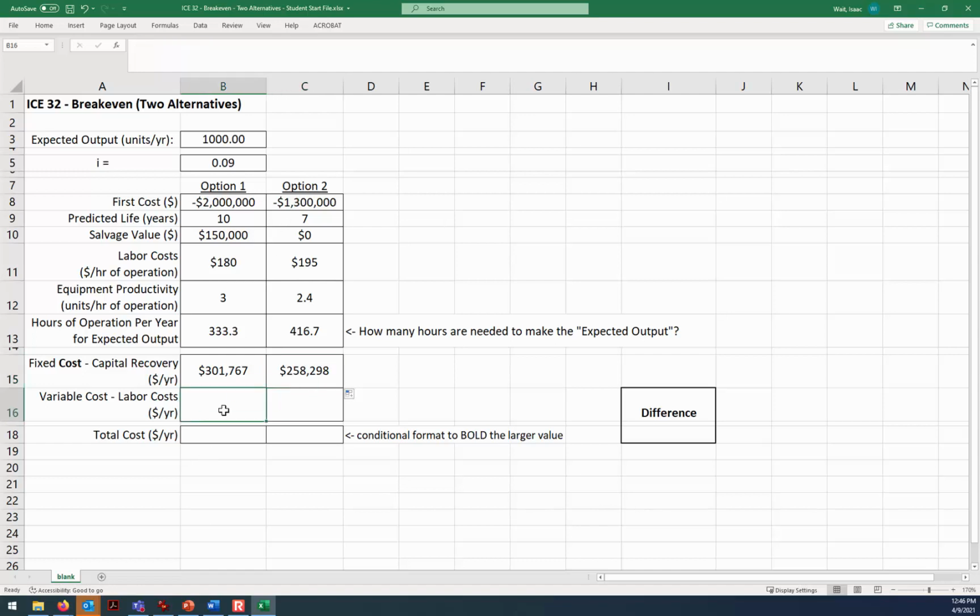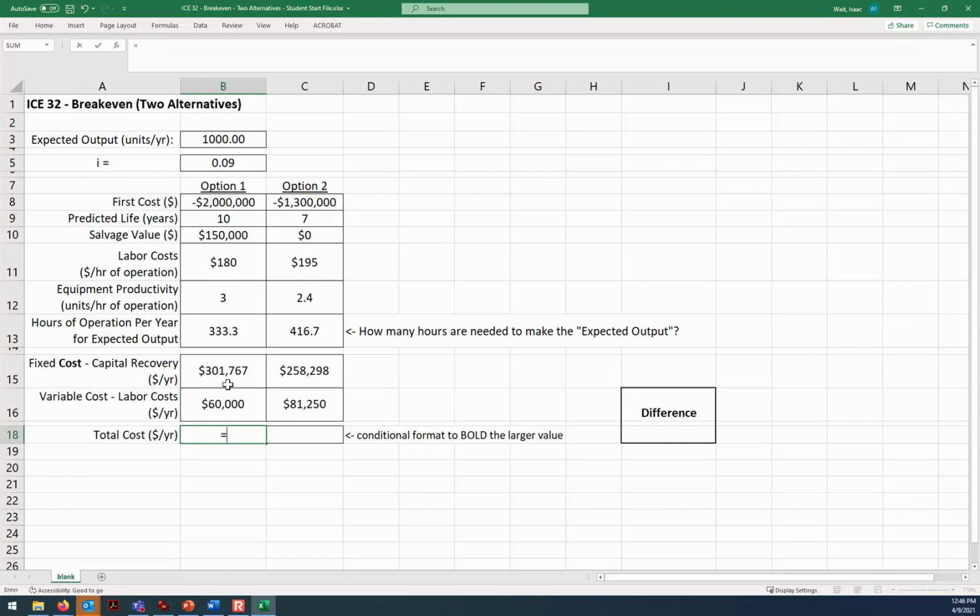But then the variable costs are going to be how many hours the equipment is operated multiplied by the dollars per hour required to operate the equipment. So if we're doing 1,000 units, it's going to be $60,000 to operate the computer-controlled equipment versus $81,000 to operate the manual control.